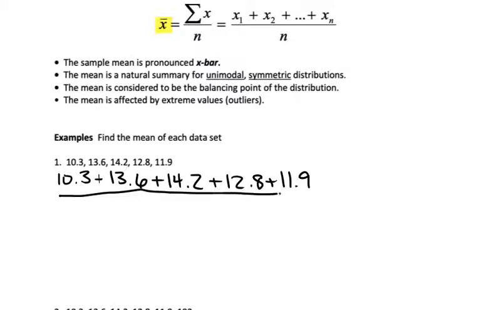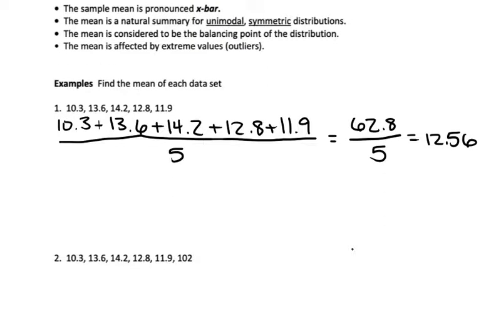So I'm going to add all those up and divide by 5. The sum of those 5 numbers is 62.8. Probably you would want to use a calculator for that, and then divide by 5, and you would get 12.56. So that's the mean of the data set.